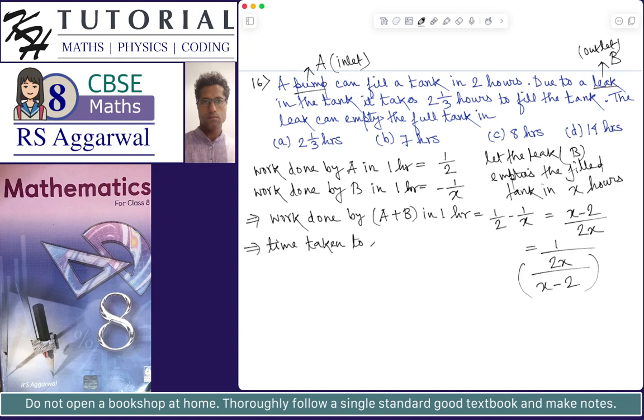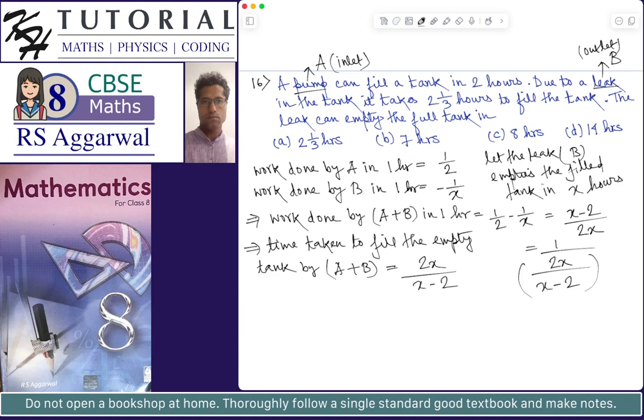Now we can say that the time taken to fill the empty tank by A plus B, that is the pump as well as the leak in the tank, will be equal to 2x by (x minus 2).